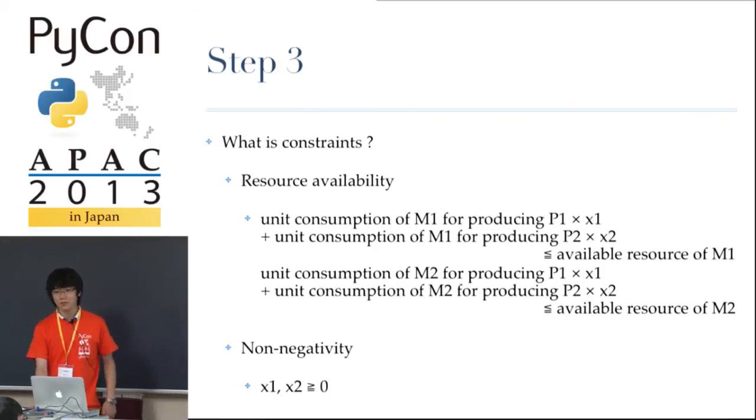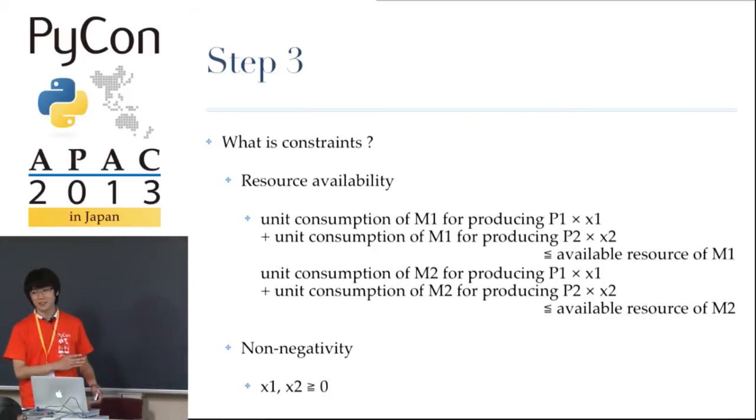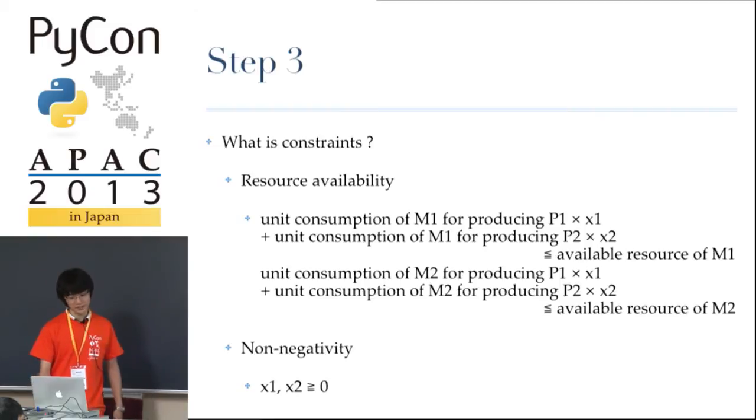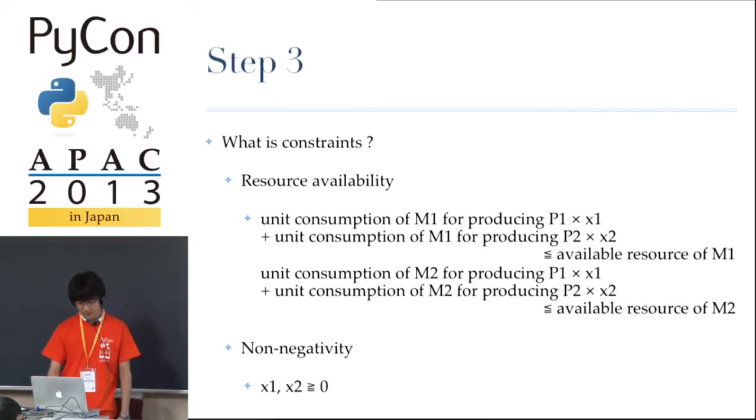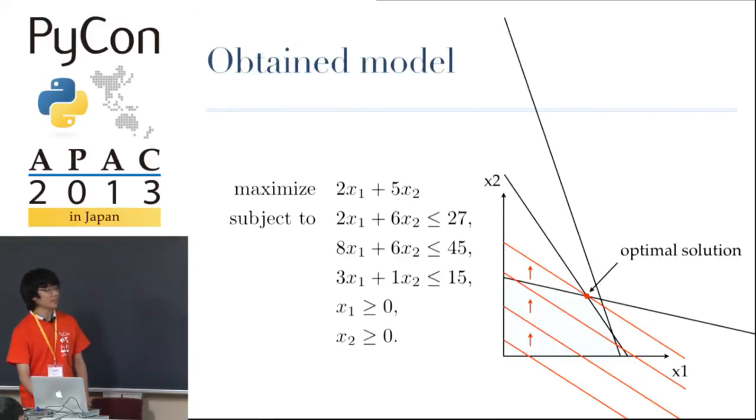We can't produce -1 ton of products. Then we get these equations.